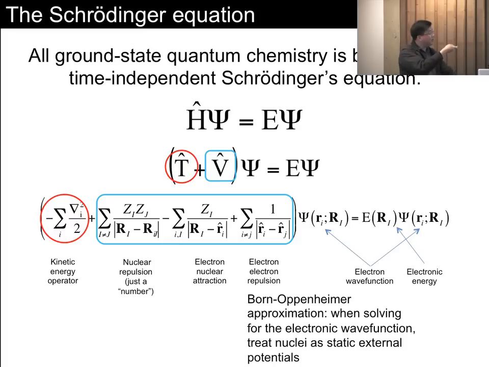And the various components of this Hamiltonian operator represent interactions or energy terms, representing, say, the kinetic energy of the electrons, the interaction of the nuclei with each other, the nuclei with the electrons, and the electrons with each other. So solving this equation gives us the electronic wave function, which tells us where the electrons are, and then because the electronic energy is a function of where the nuclei are, that gives you a potential energy for the atoms to move.